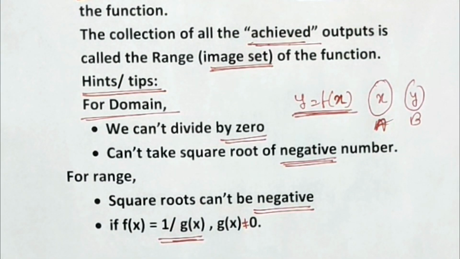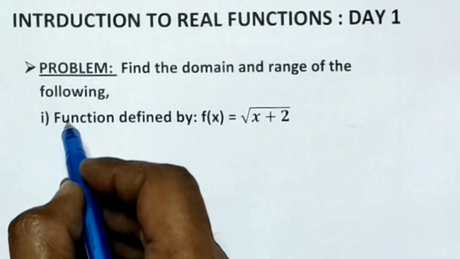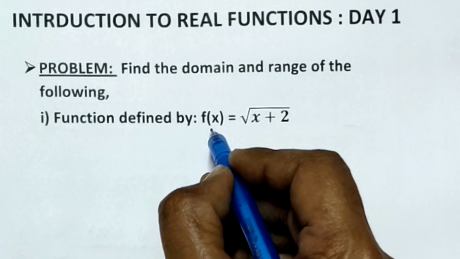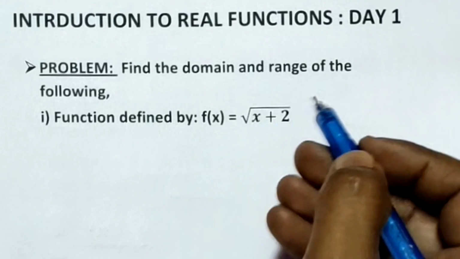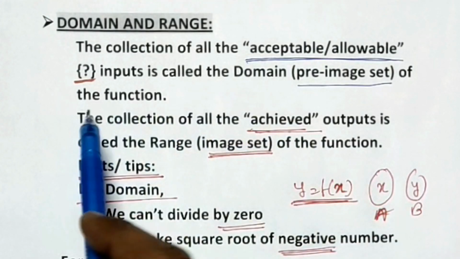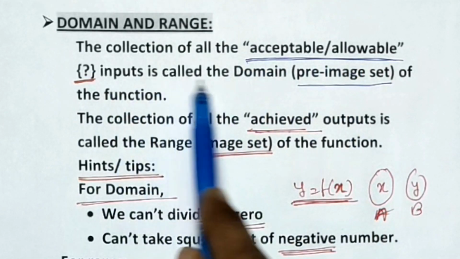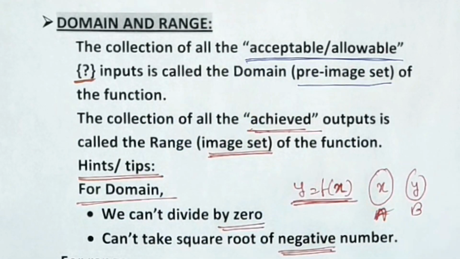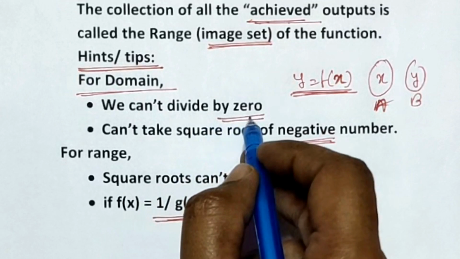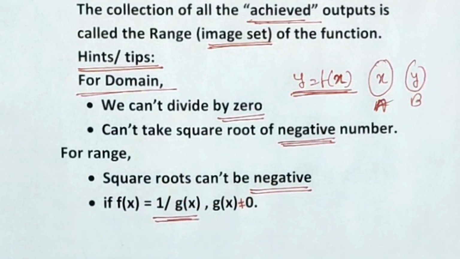Okay, look, find the domain and range of the following function. The function is defined here as f(x) equals root under x plus 2. So what is the domain? All the acceptable inputs is called the domain of the function. We can't divide by 0 and we can't take the square root of negative numbers, right?